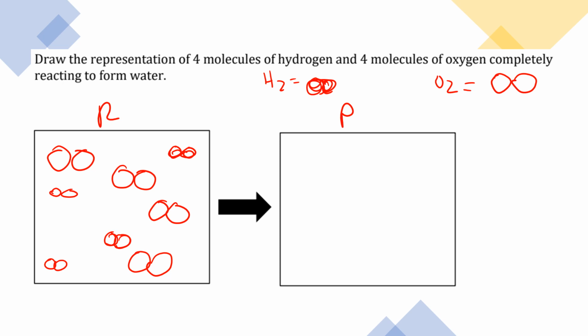I probably will have maybe 4 water molecules, because for every 2 H's I have 1 O. It may be kind of a weird situation, so don't do this on your paper, but I'm trying to show you how this would work out. For every H, if I get rid of this one, I get rid of 1 O.